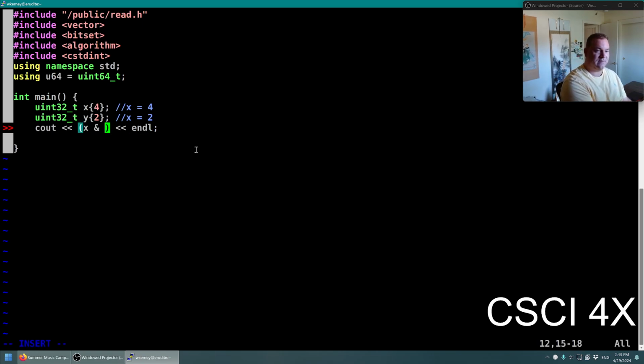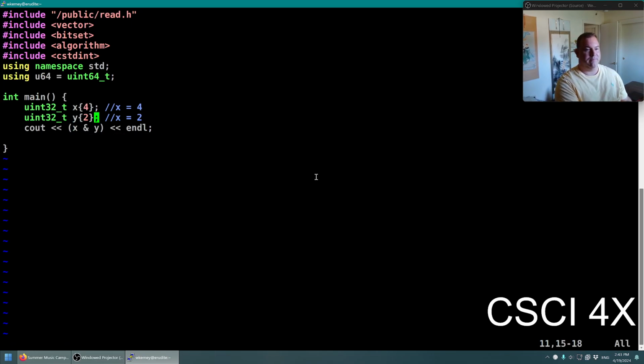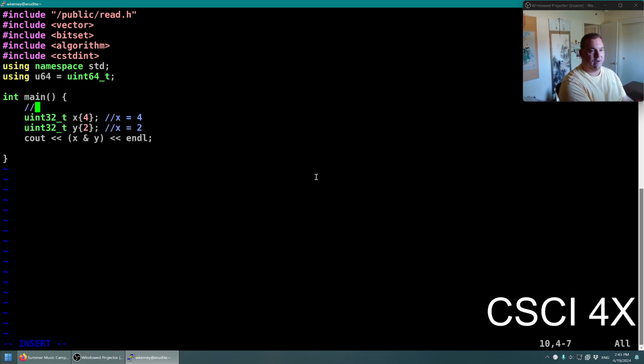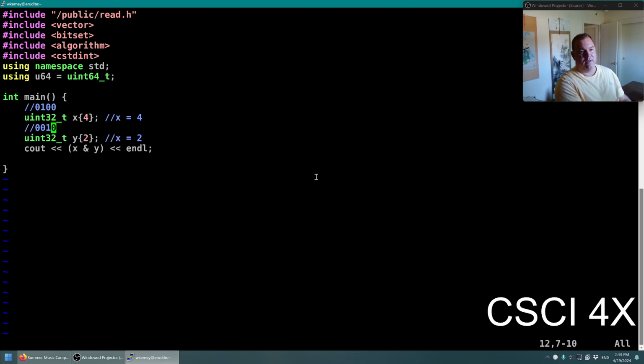So let's say, what is x ANDed with y? Okay. So x in binary right now is 0, 1, 0, 0. Y is 0, 0, 1, 0. So if we go through and we bitwise AND each of the numbers together, let's move it maybe down here like this. So x is equal to that, y is equal to that. What do we get if we bitwise AND each one of the pairs of digits in these binary numbers here?